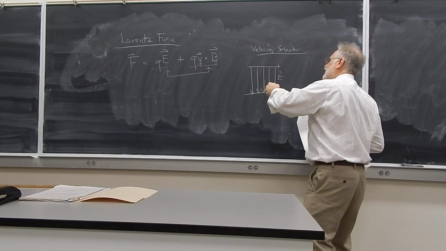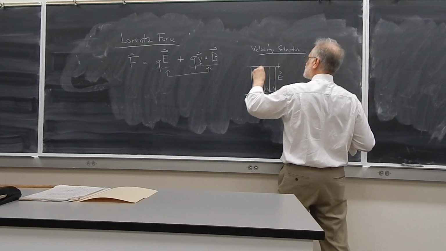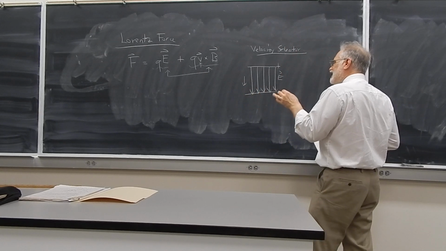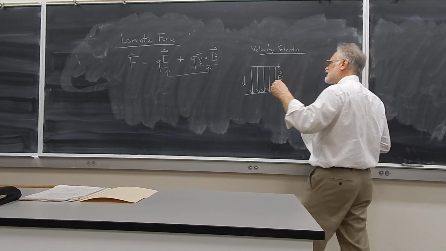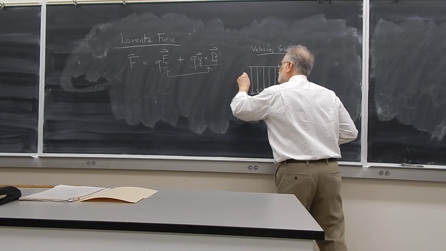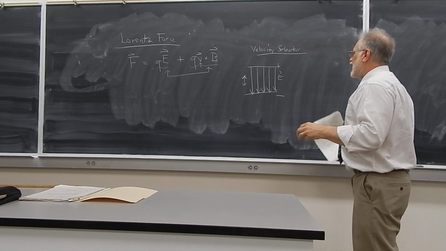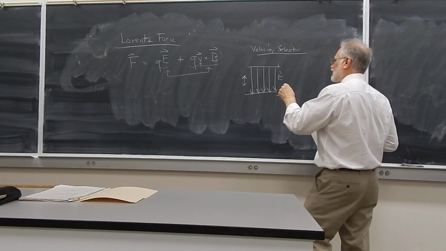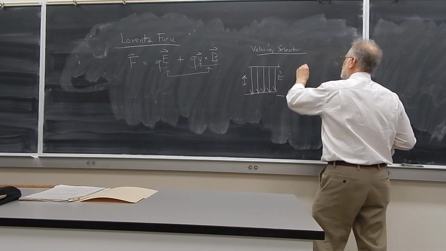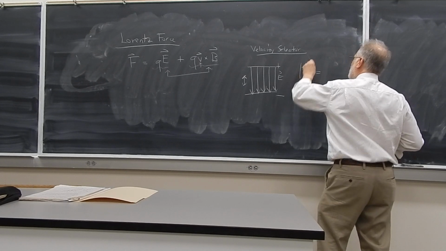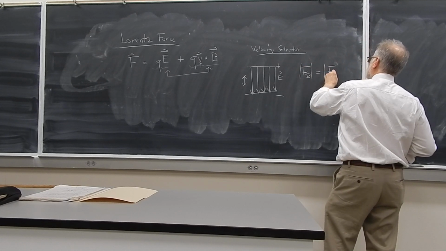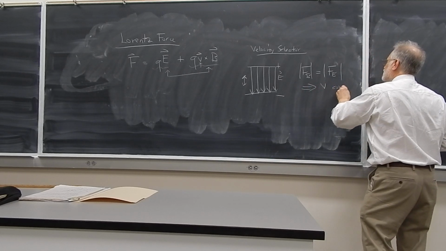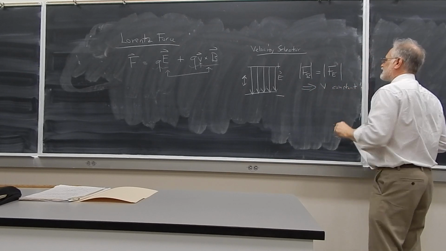If I have positive charges, the electric field will make them go downward, but in a magnetic field, the magnetic force will make them go upwards. And so I'll have essentially zero net force on these particles, such that the size of the magnetic force will be equal to the size of the electric force, which will cause each particle to have the same exact velocity.